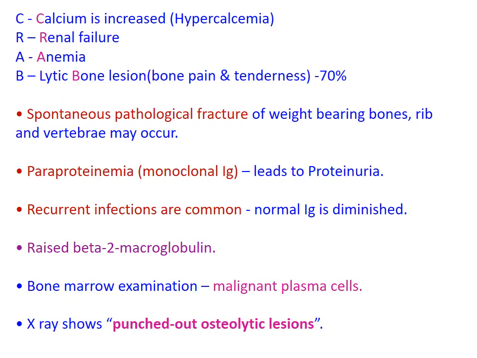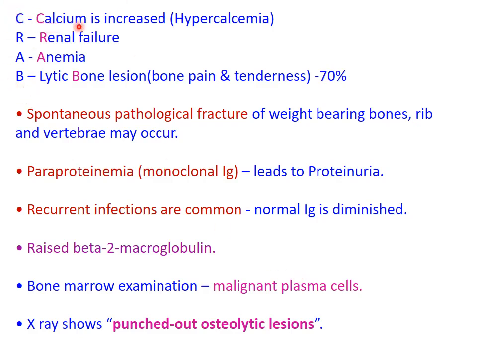Now, what are the typical clinical features? You will study multiple myeloma in detail in the later professional exam, but just a brief. Carcinoma means cancer, and cancer means crab, and the symptoms also have the mnemonic CRAB.